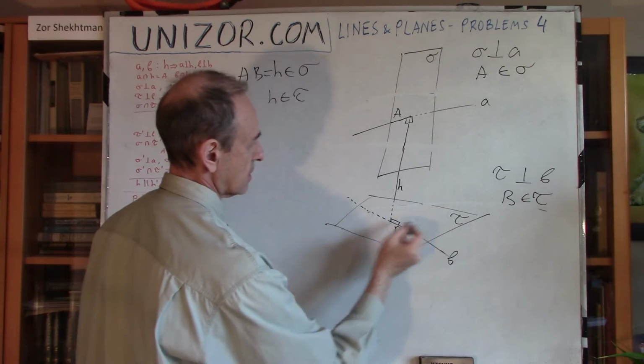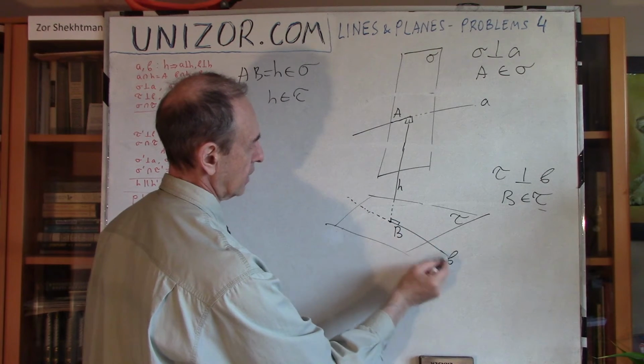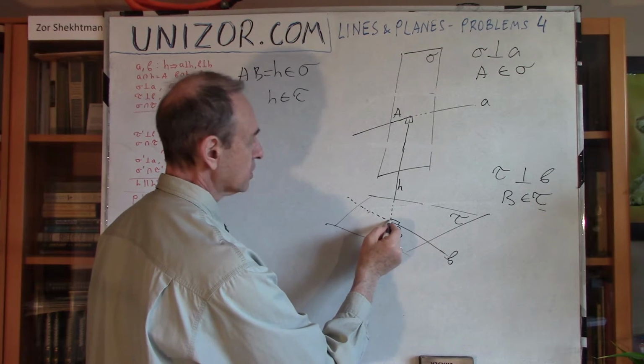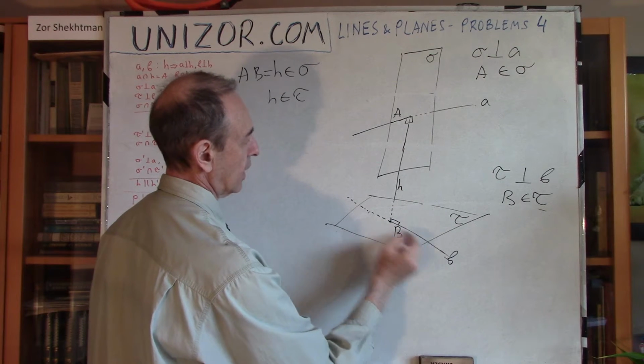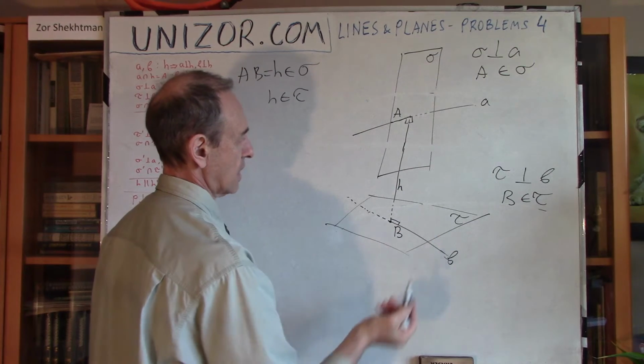Why? Because tau is perpendicular to line B at point B, all the perpendiculars to line B at point B lie in this plane, which means H does as well.